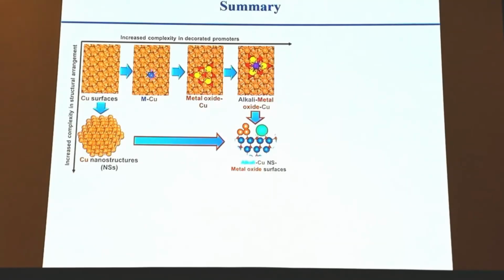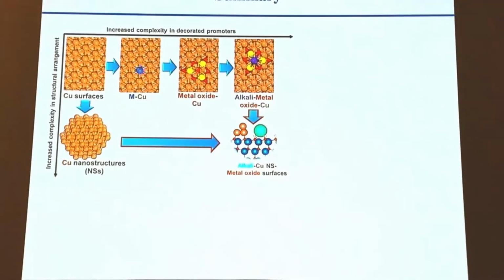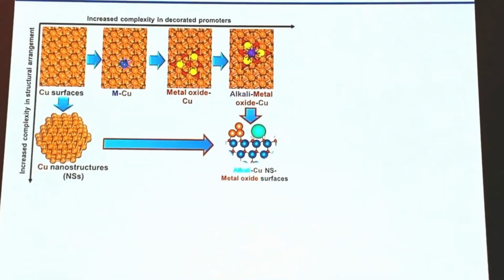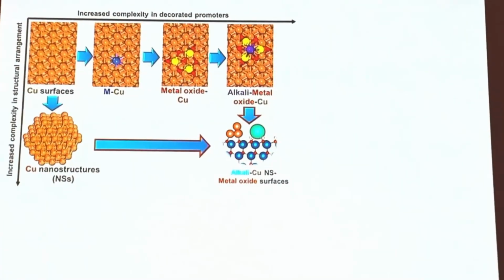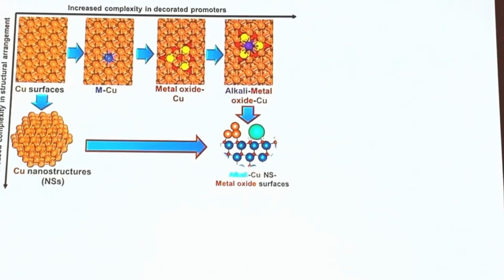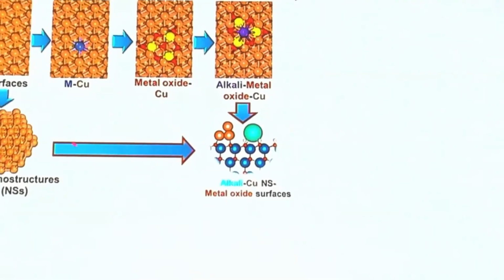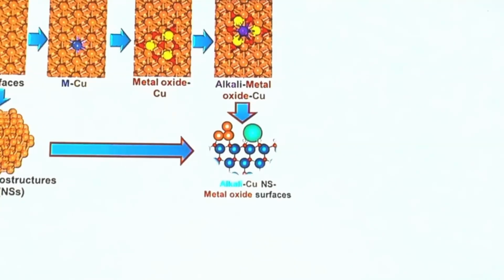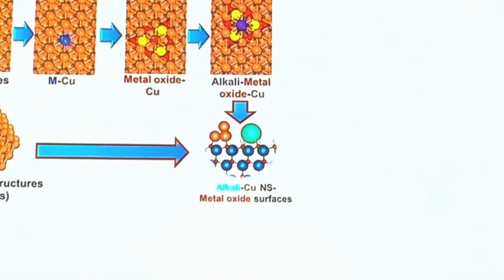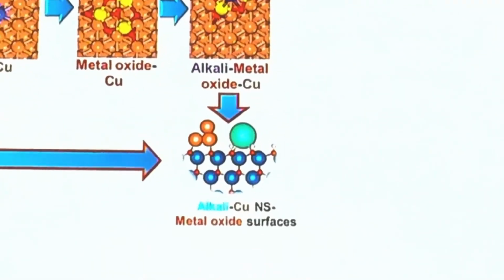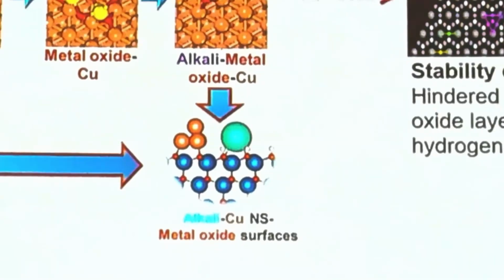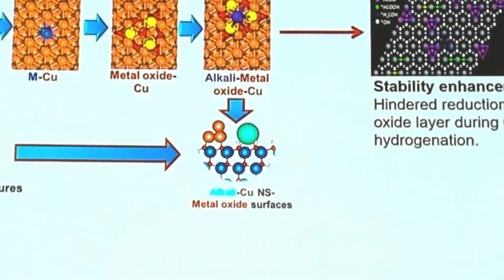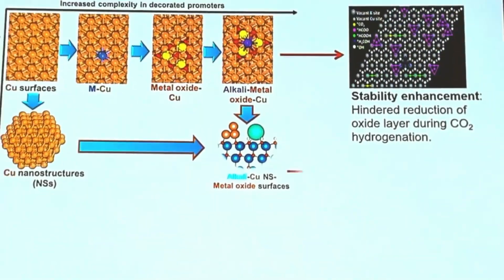So to summarize, hopefully I showed you that the strategies we have been developing really increase the complexity of the catalyst. We are both restructuring and introducing different types of promoters on the surface. With that, we are able to change the stability of the catalyst under reaction conditions.